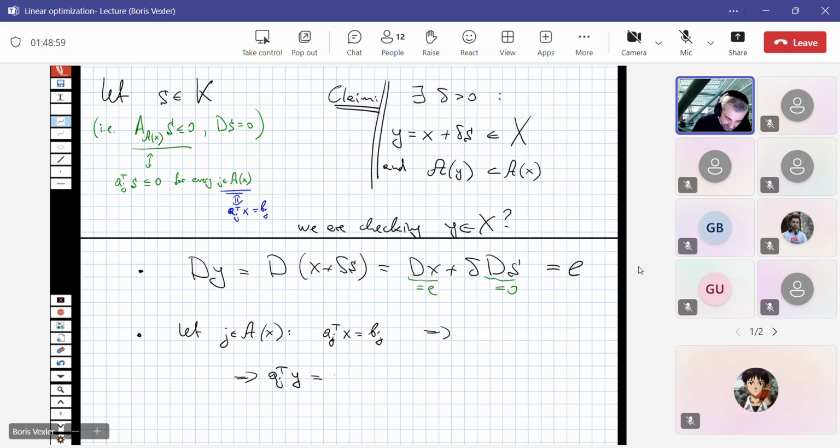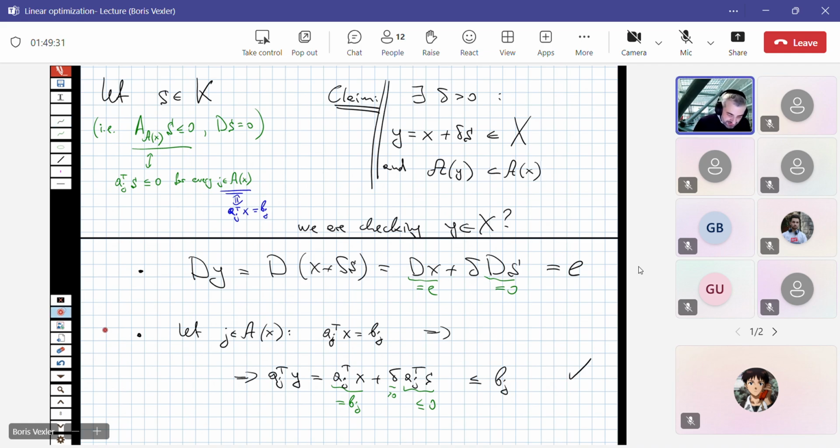By the definition, it is a_j transposed x plus delta a_j transposed s. Here it's quite clear: the first is equal to b_j, and a_j transposed s is less or equal than 0, so delta times it is non-positive, and therefore the whole thing will be less or equal than b_j.